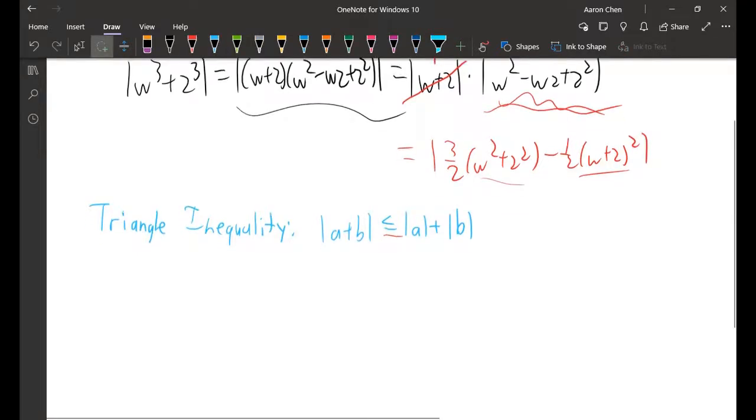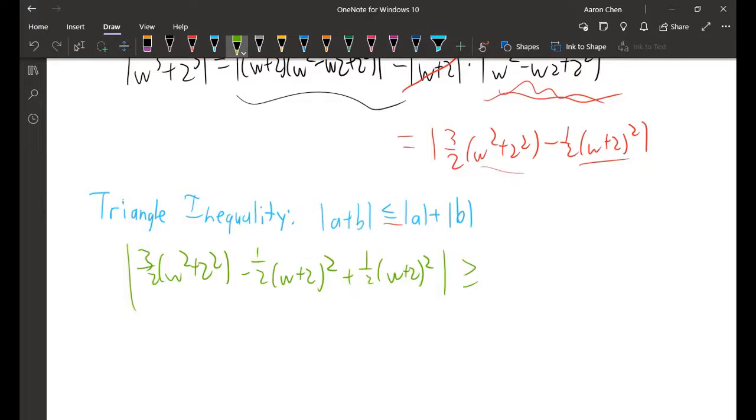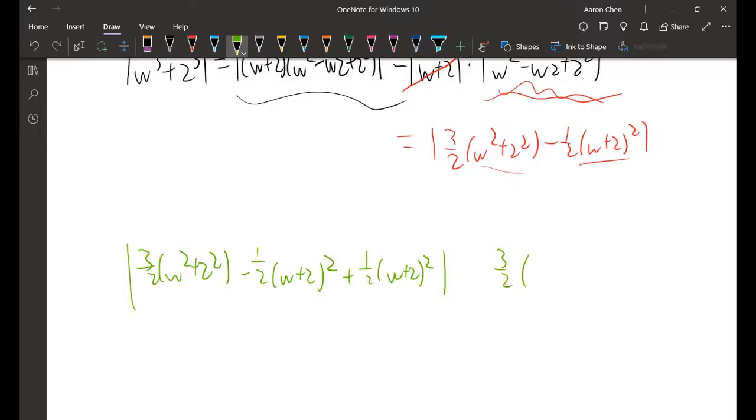So that gives us that 3/2 of w squared plus z squared minus 1/2 of w plus z squared, and then plus another 1/2 times w plus z squared, is, sorry, not greater than or equal to, less than or equal to.